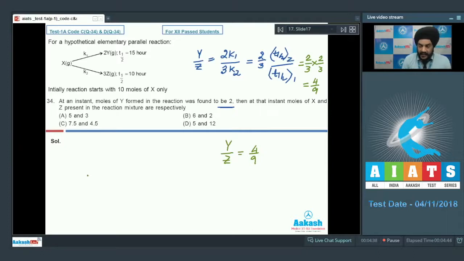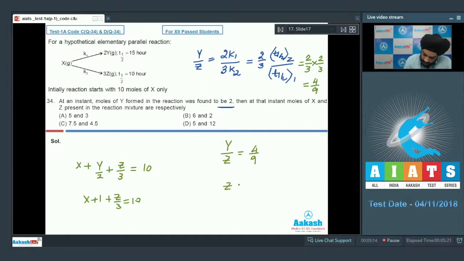And we have another equation which is basically nothing but the conservation of mass. So moles of X plus moles of Y by 2 plus moles of Z by 3 at any instant shall be equal to the moles of X which was taken initially, that is equal to 10. So we have been given the value of Y. The value of moles of Y is equal to 2. So X plus 1 plus Z by 3 equal to 10, and we can find out the value of Z from this expression. The value of Y is equal to 2.